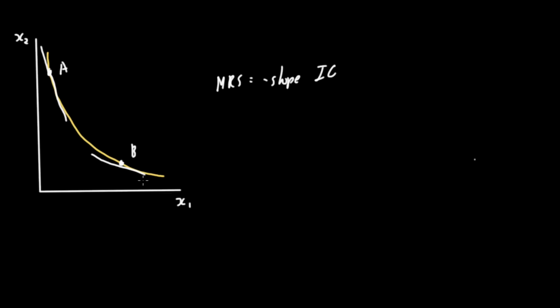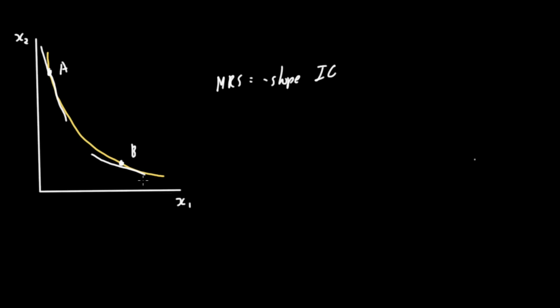In the case of perfect substitutes, the marginal rate of substitution is constant, which implies that the indifference curve is linear. At any point of the same indifference curve, the consumer is willing to substitute good 1 for good 2 at the same rate.